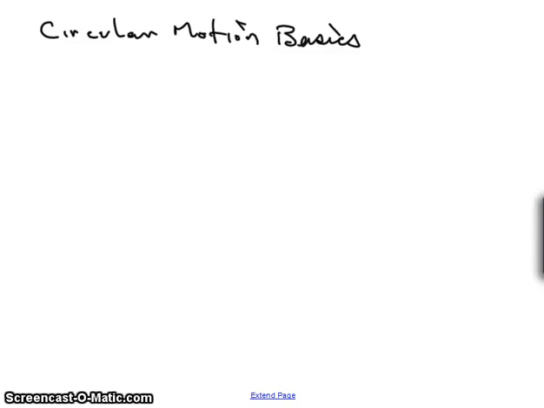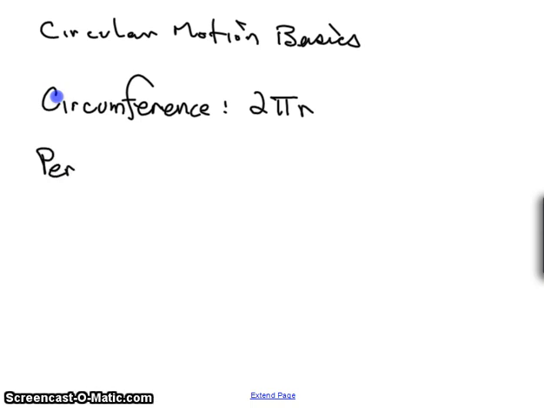This is just some circular motion basics that we need to know to discuss circular motion. And as you already know, we define circumference as 2 pi r, and we define the period, which in physics is usually given the symbol capital T, as... I'm going to give this two definitions.